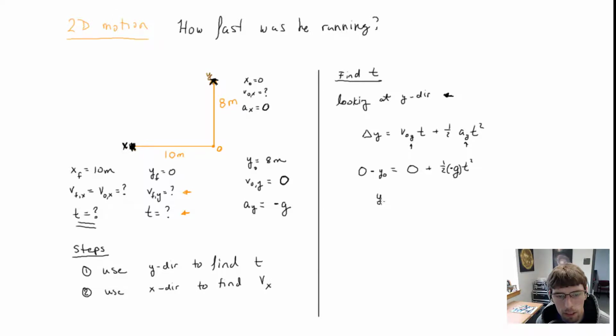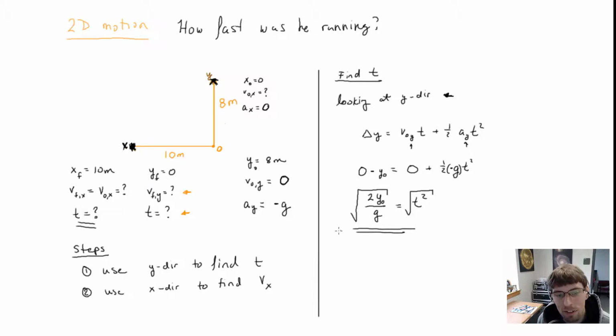I end up with y naught times 2 divided by g equals t squared. And I square root both sides. Now if you pause the video here and you look, this was the exact same expression that we had last time for the time. So that's one of the nice things, when you work in terms of variables, sometimes you have the exact same equations, even though you have slightly different situations.